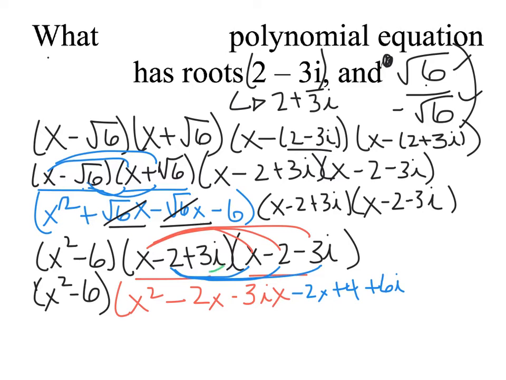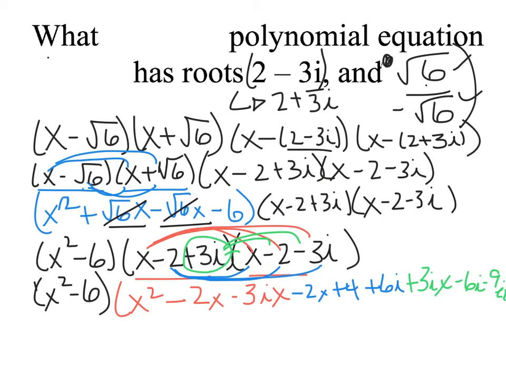And finally, I'm going to take my 3i and multiply it by everything. So 3i times x is going to be 3ix. 3i times negative 2 is going to be a minus 6i. And 3i times a negative 3i is going to be a minus 9i squared.